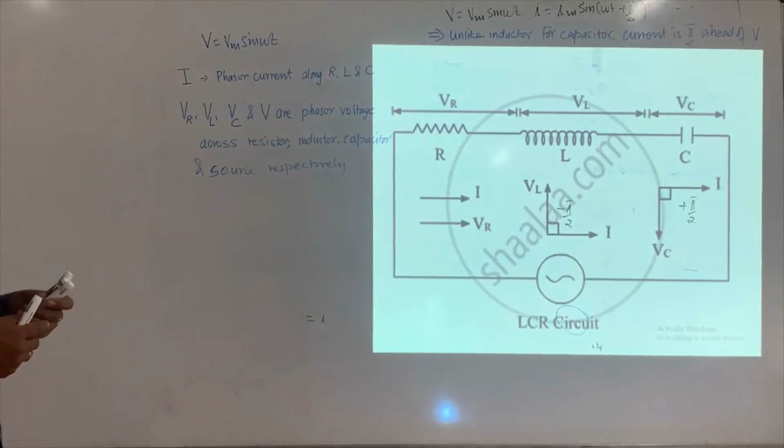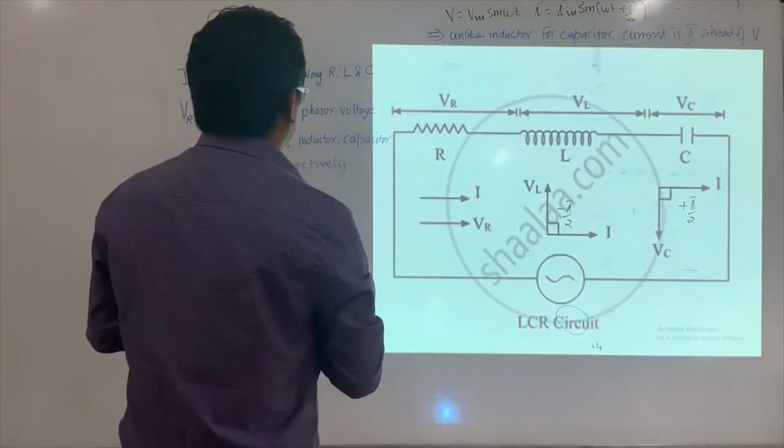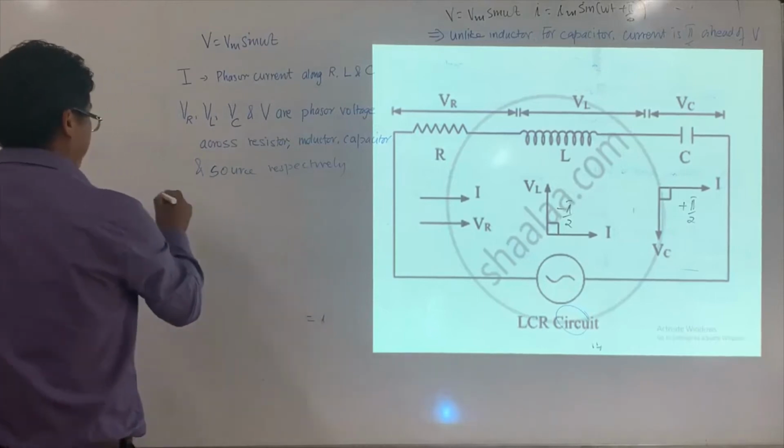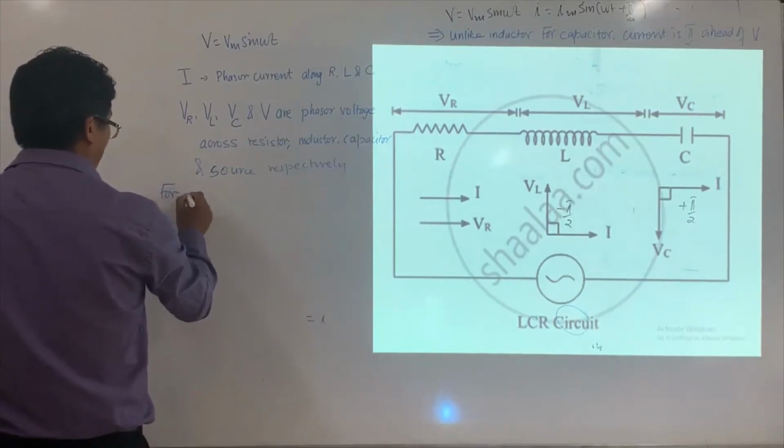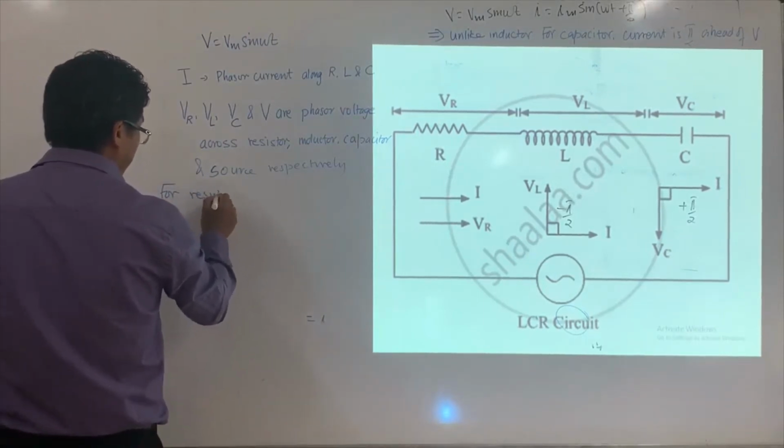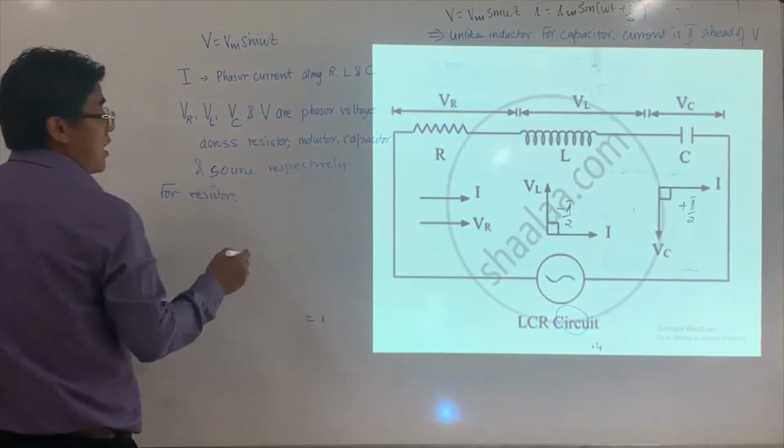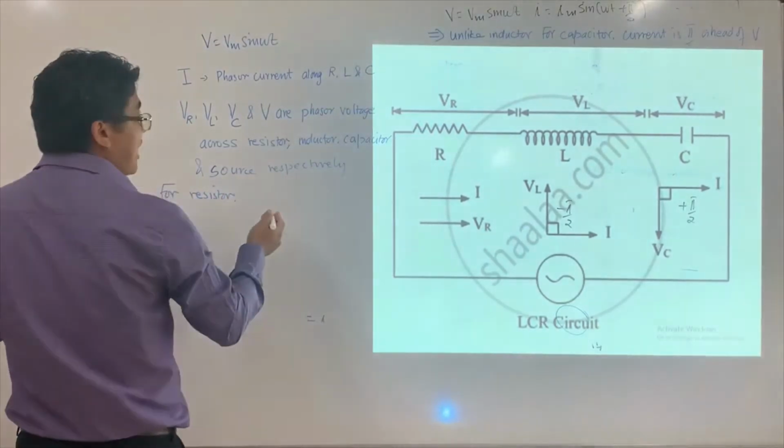And now what I would like to do is, for the resistor, V is along I, right?